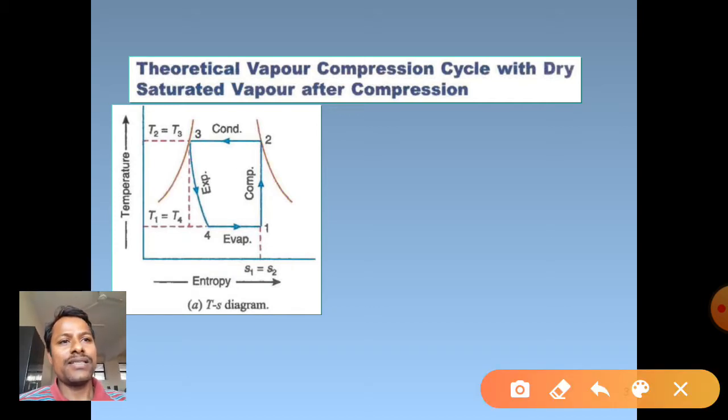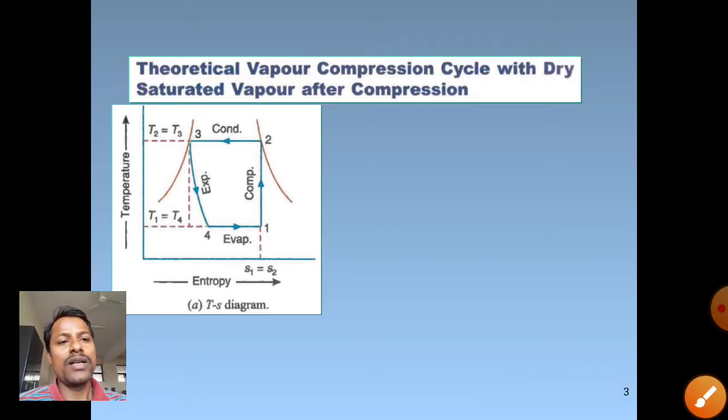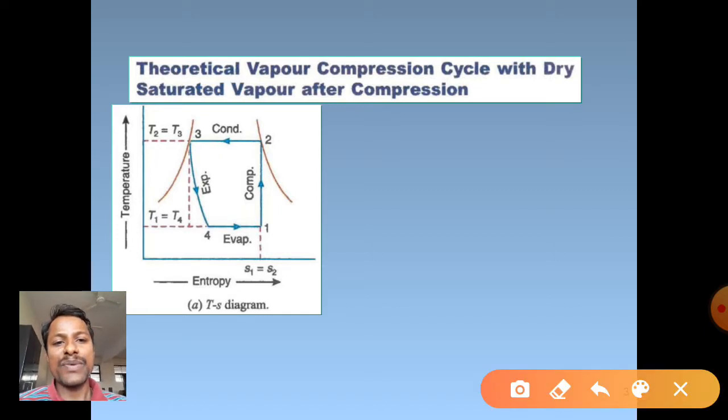As the title says, the outlet of the compressor is dry saturated vapor. According to our schematic diagram, the compressor outlet is represented by state 2. State 2 must be on the dry saturated vapor line.